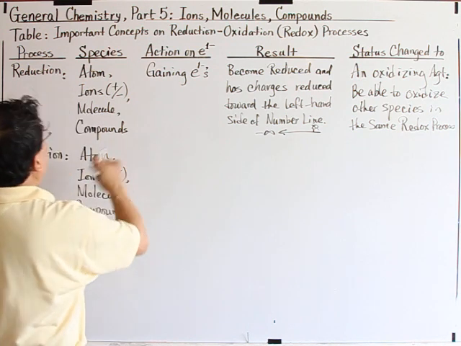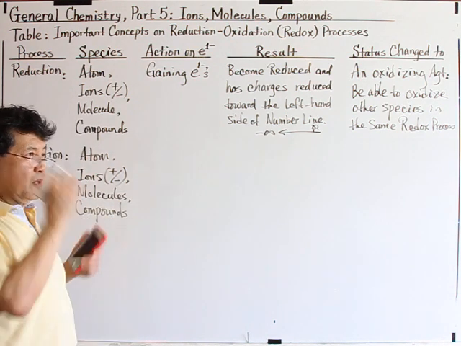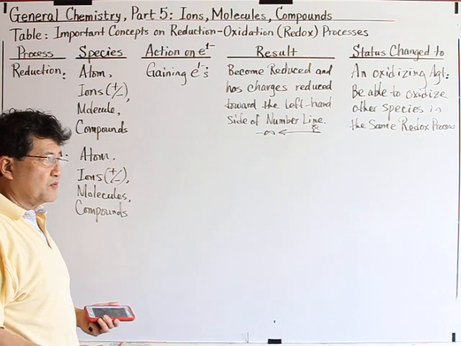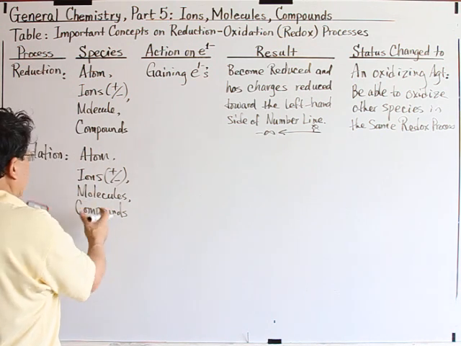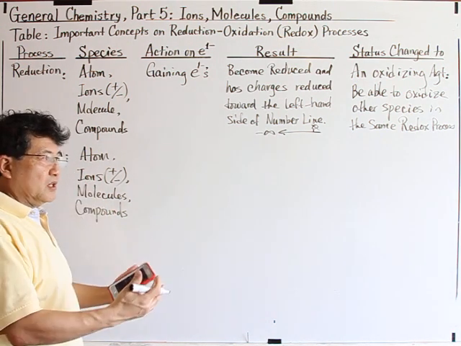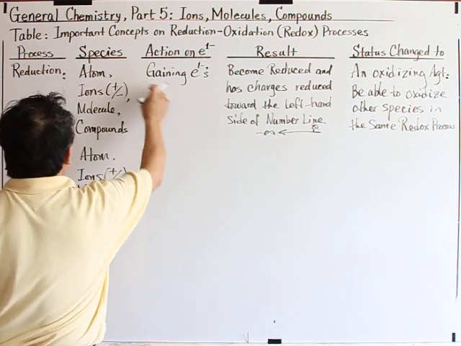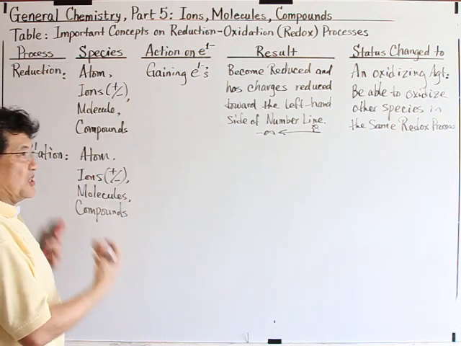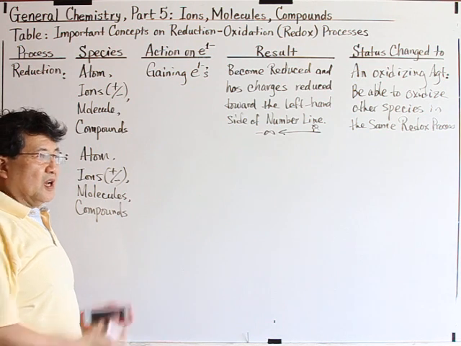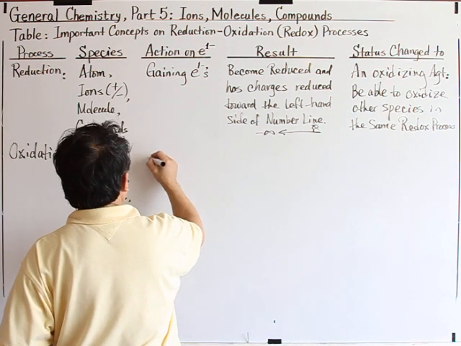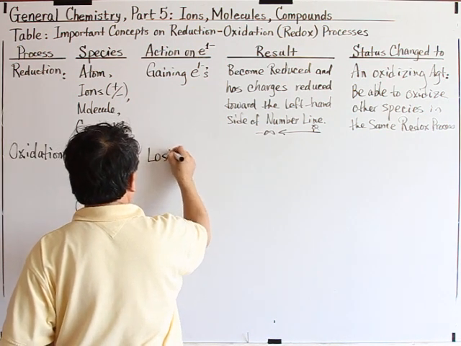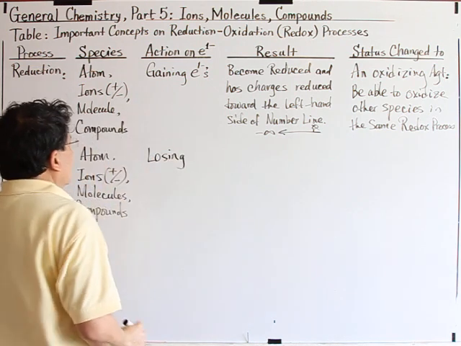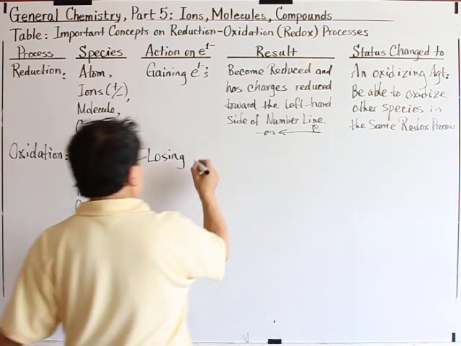All right, now the action on electron. We talk about redox, which always involves electron transfer. So what do the species here do to the electron? Reduction is gaining an electron. Oxidation is losing an electron. Now, losing electron releases from who?